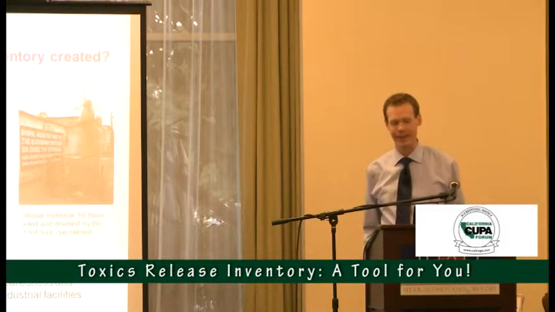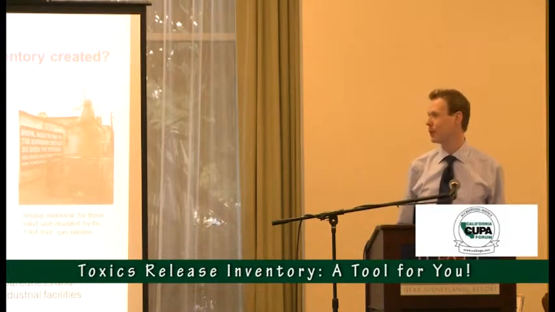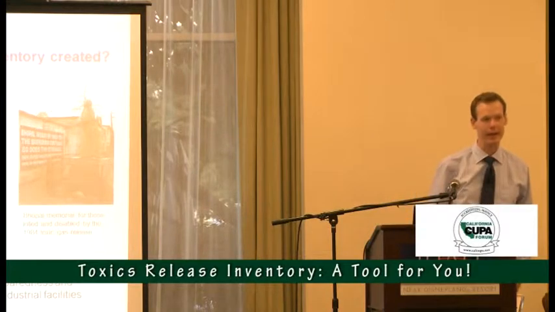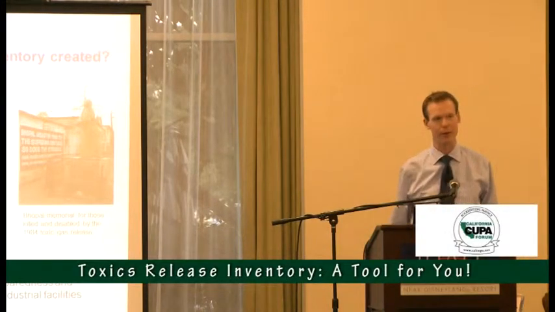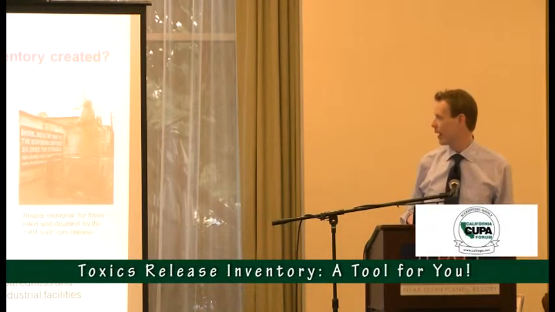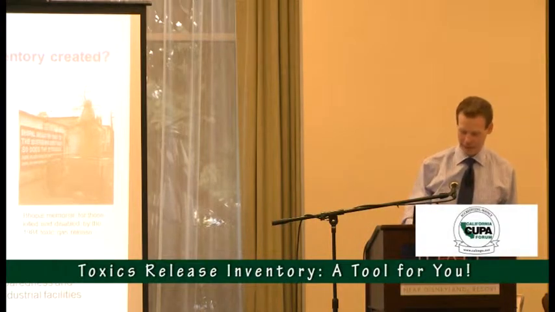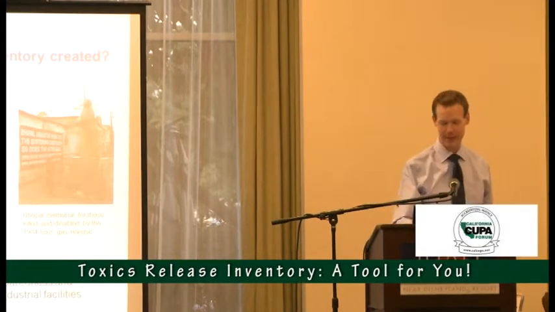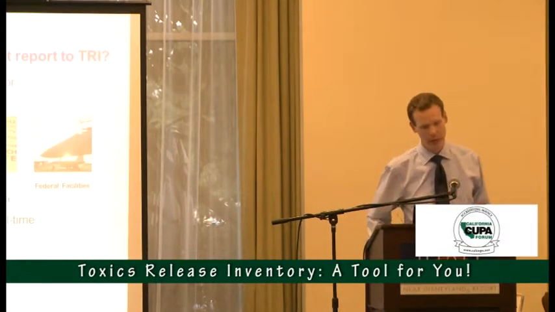Part of the response to these two incidents is that there was an increased awareness and concern about toxic chemicals in the United States. And the TOXICS Release Inventory was born shortly thereafter. I think the first year of reporting was 1987.